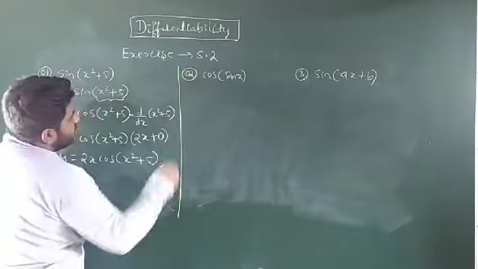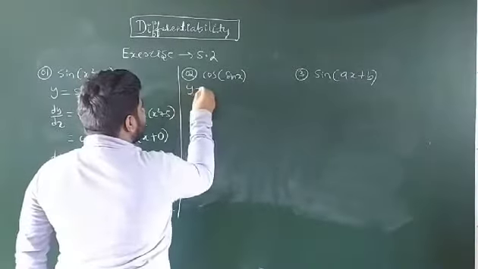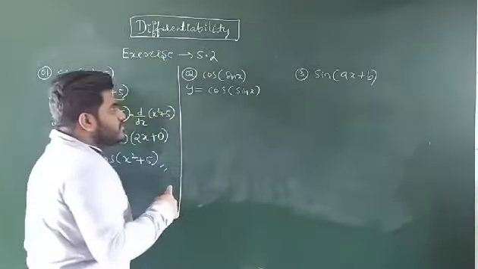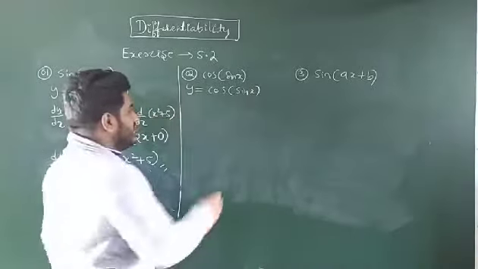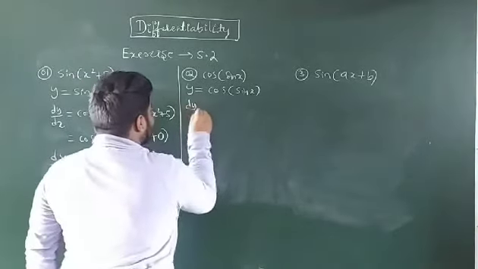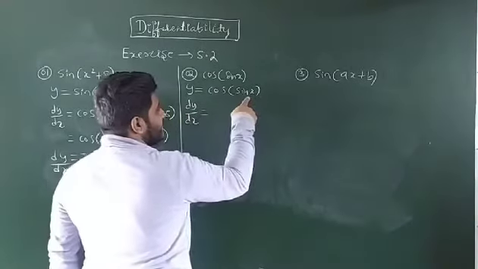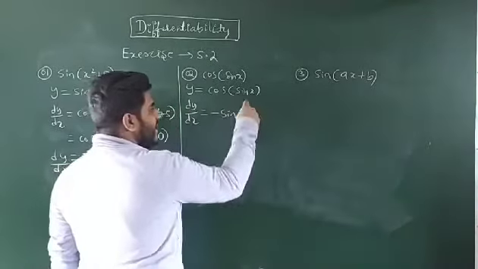So next one, cos of sine x, the second example. Treat this function as y. y equal to cos of sin x. What do we want to find? We want to find the derivative of this function with respect to x, nothing but dy by dx. Treat this function as x. The differentiation of cos x is minus sin x. But in place of x, what we are having?